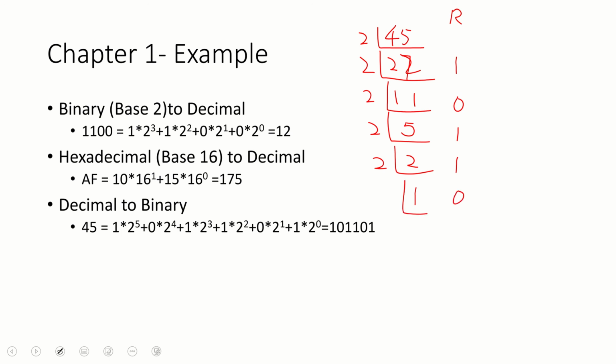At this point, we want to divide 1 by 2. Basically, we cannot divide completely, so at this time we only have one number remaining. That's 1. Then we read them from bottom to top, which is 1 0 1 1 0 1.